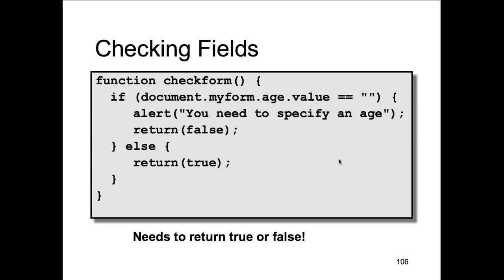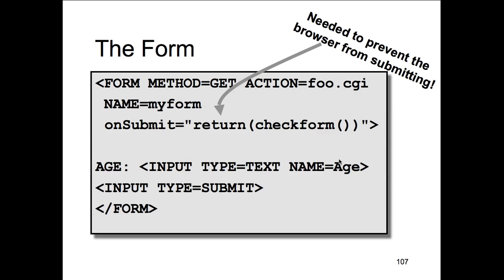So it needs to return true or false, actually, whether it's OK or not. So you need to prevent the browser from submitting, here you go, return. So on submit, return a form check. So run the check form function on a return, which means come back to the same page, process it, but come back unless it comes back with the results that we need.